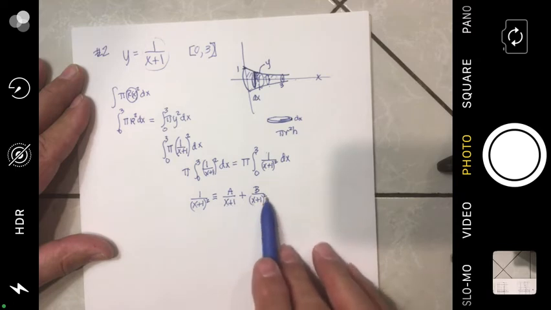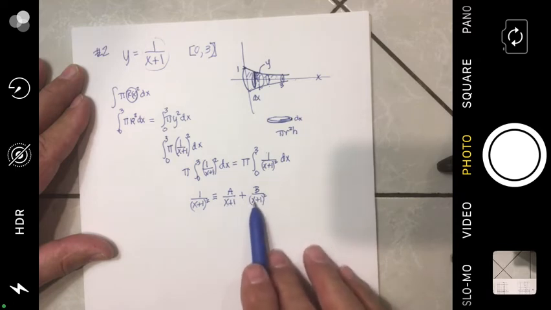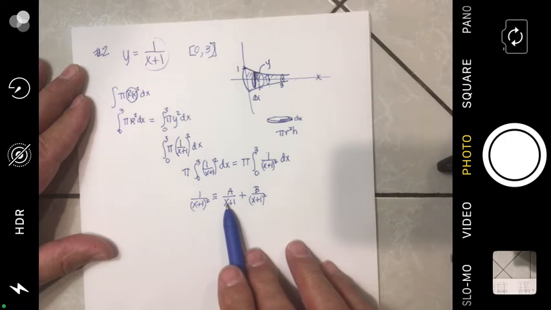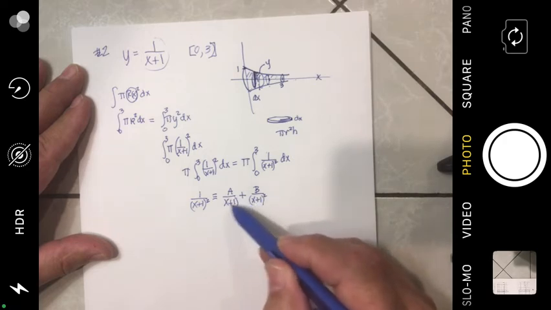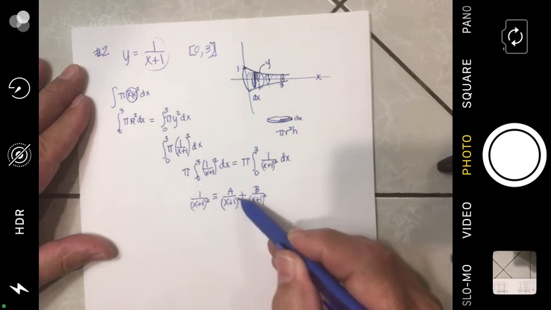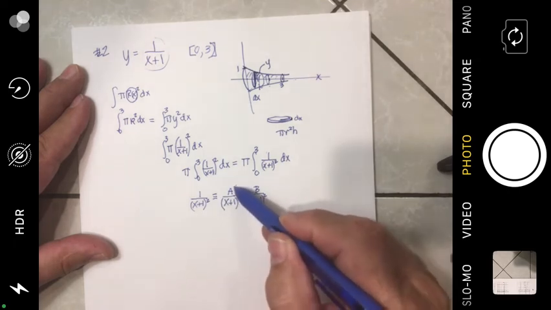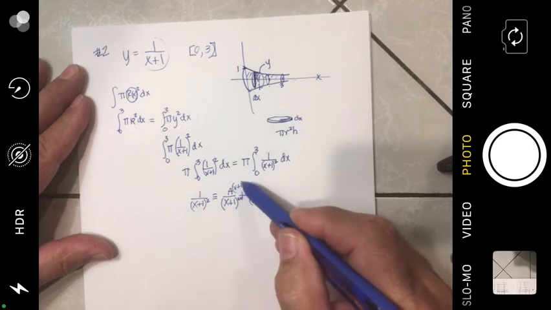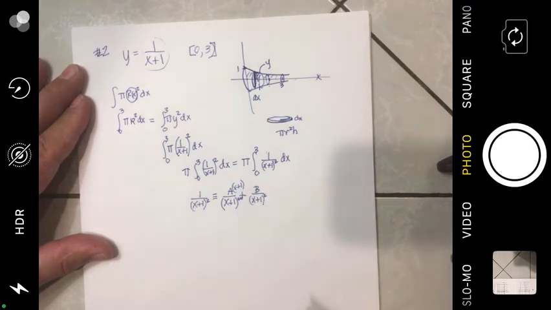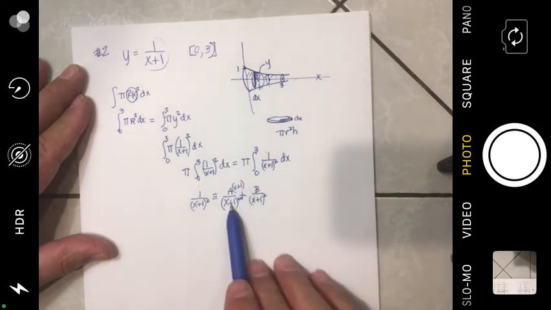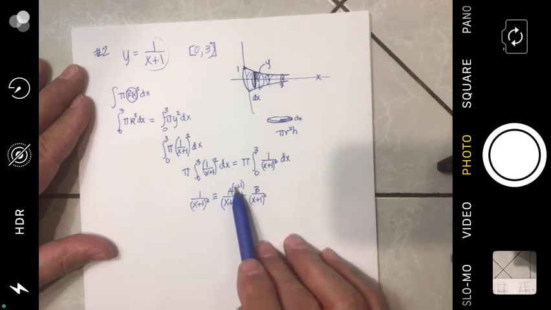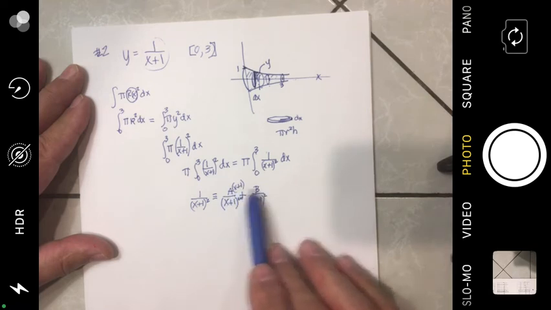This one has the common denominator, so I don't need to multiply it by anything. This one, to get the common denominator, I'd have to multiply by x plus 1. So we're going to get, over this common denominator, A times x plus 1 plus B is supposed to equal 1.